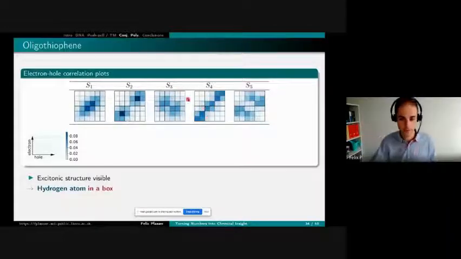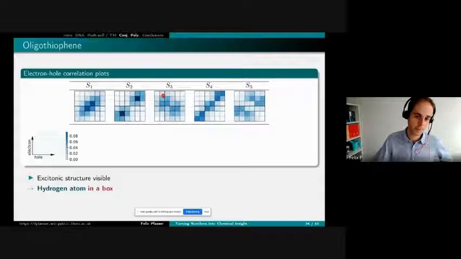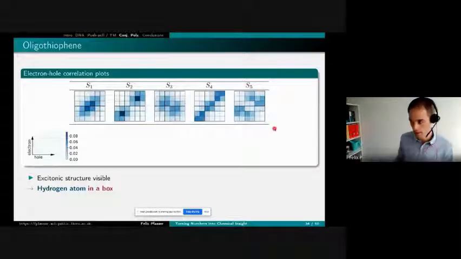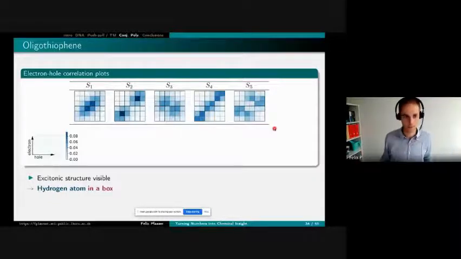And then the S4 state has two nodal planes, so we have this double sine curve. And then when we go to S3, we see this is like the p orbital, where we have the nodal plane in a different direction. So we have a nodal plane along the electron-hole separation. And S5 is the combination. We have a nodal plane along the electron-hole separation and a nodal plane along the joint quasi-particle.